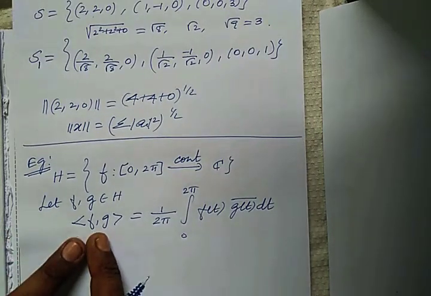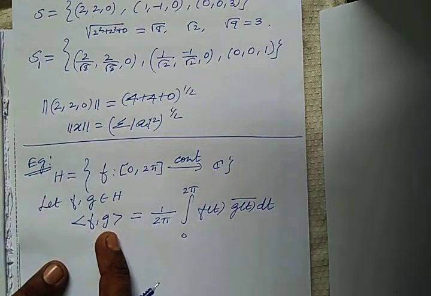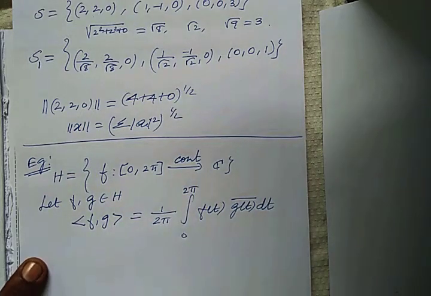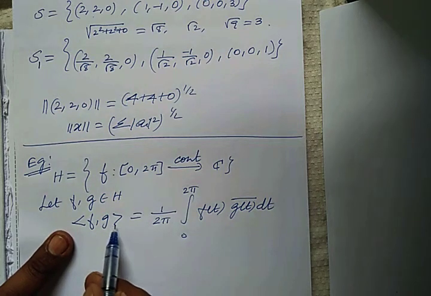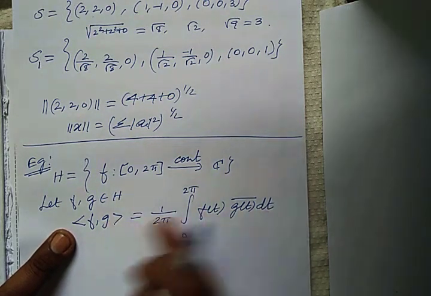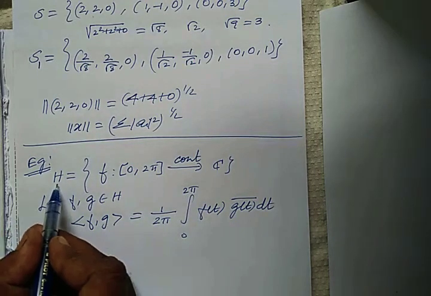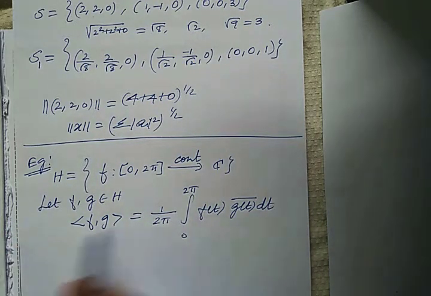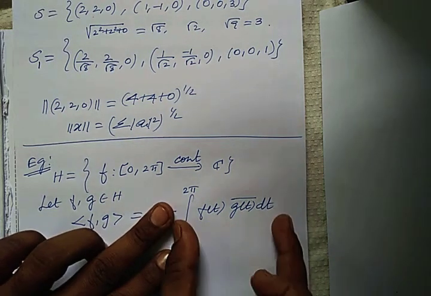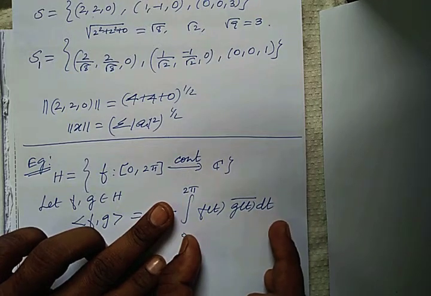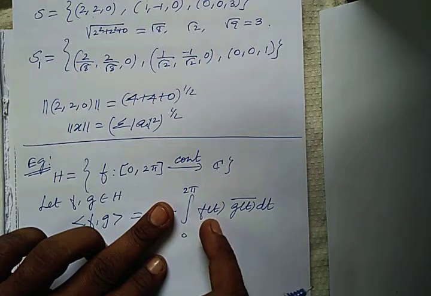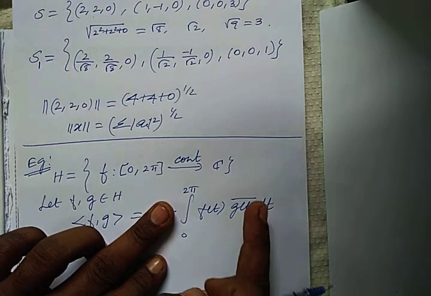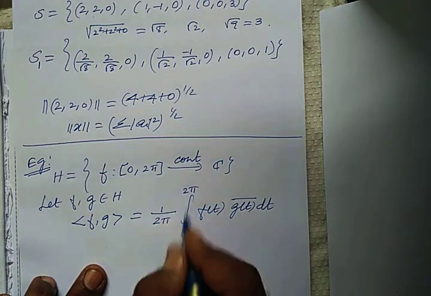This definition becomes an inner product. This is an important inner product, and you may see that it is a generalization of the standard inner product: instead of summation we have got integration, instead of a bar times b, we have f of t times g of t bar. This is some normalizing factor.